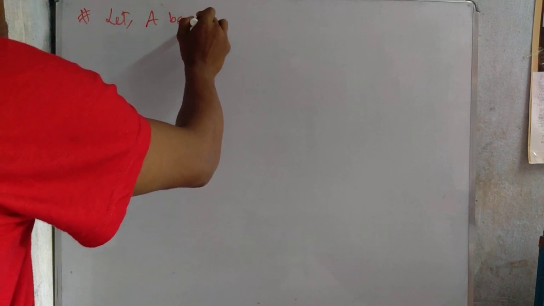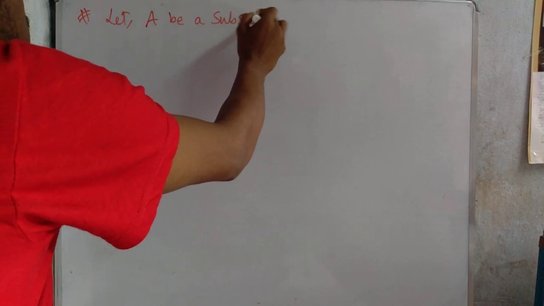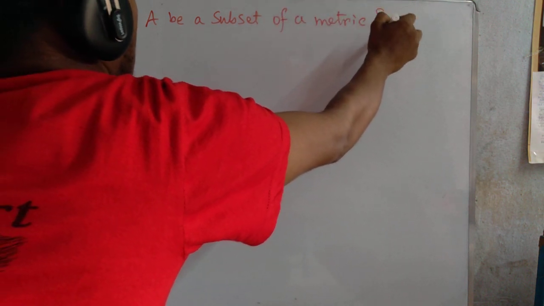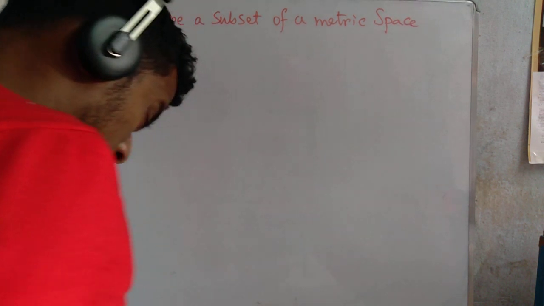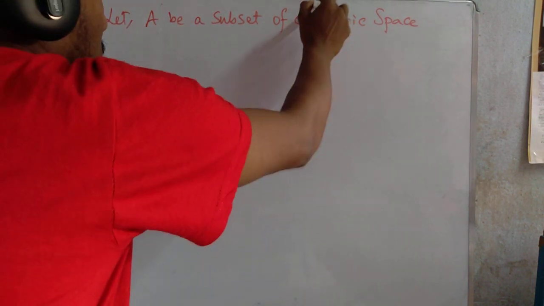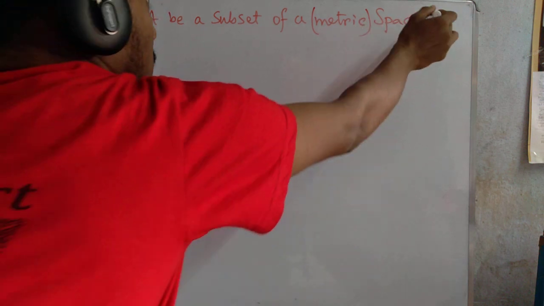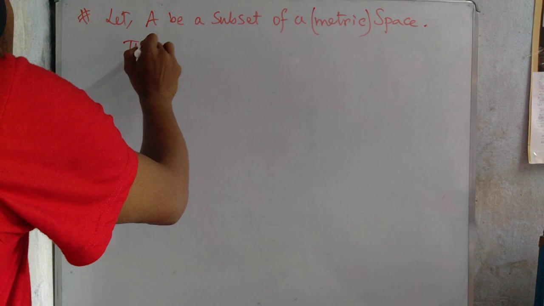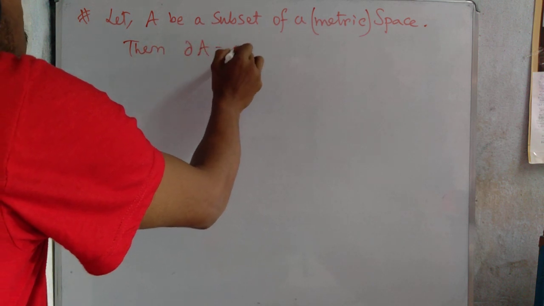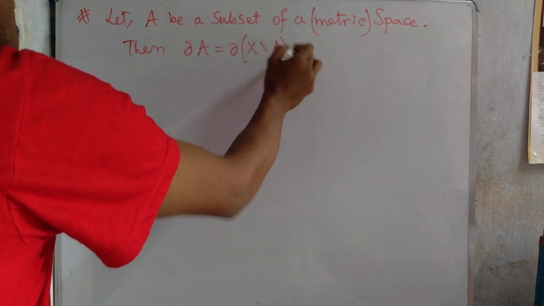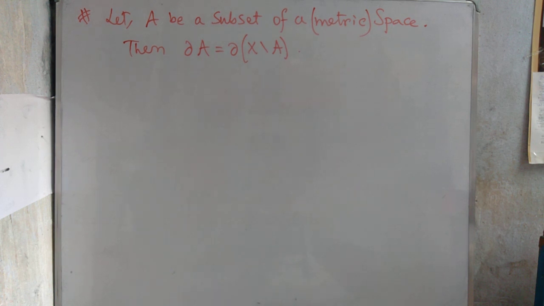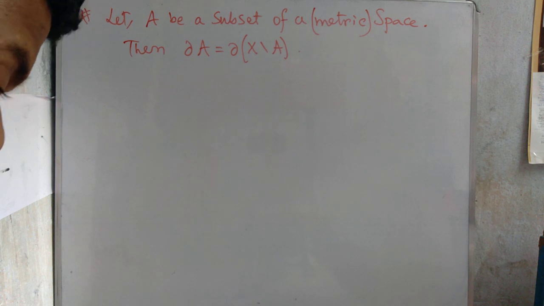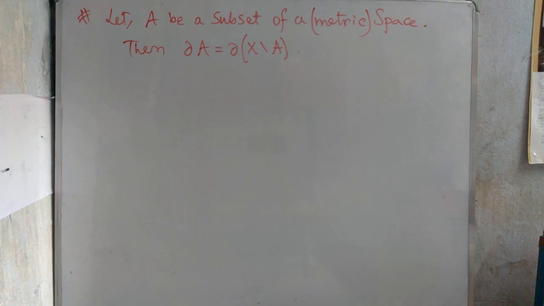Let A be a subset of a metric space X. Then what happened? Then del A equals del of X difference A. We also have to prove this. How do we prove it? So easily.